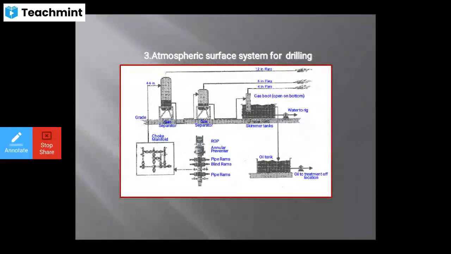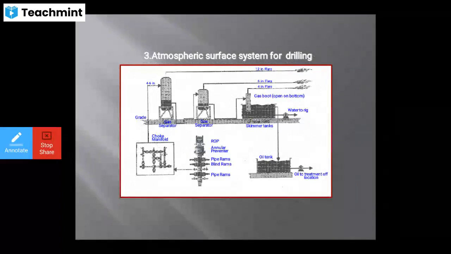So we can see here from the top of the gas separator, the flare has been separated out, and the second one also in the gas separator, also one flare, then gas booting opened on bottom, the skimmer tank also, and the flare has been sent. 12 inch, 6 inch, then 4 inch.